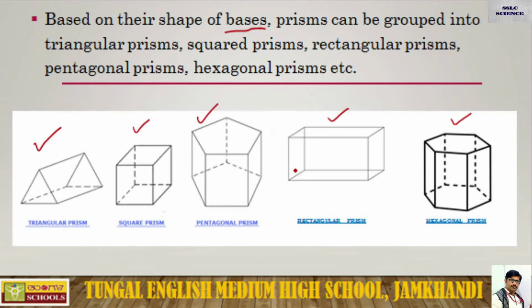I hope you are getting the different types of prisms. Keep in mind, based on the shapes of the bases, prisms are grouped into triangular, square, pentagonal, rectangular, and hexagonal respectively.